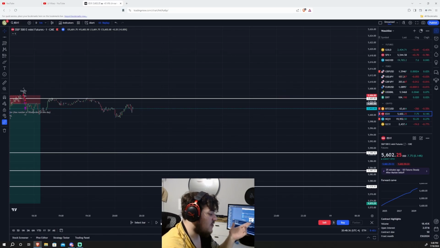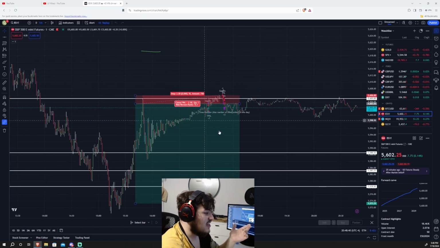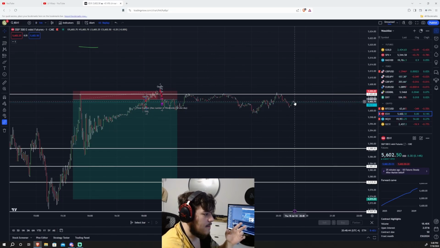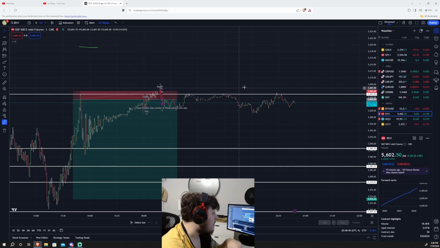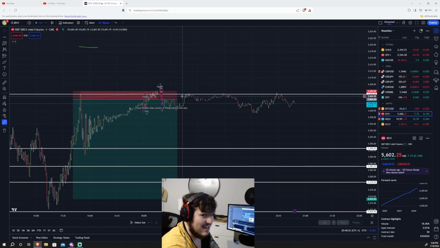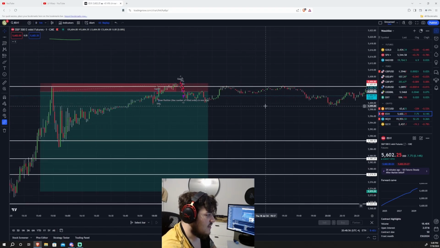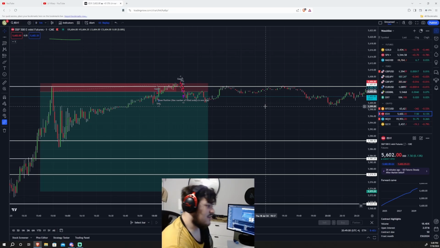And then what happens after consolidation? Expansion, right? If expansion happens after consolidation, then that means we're consolidating right now to build up orders to go where? Depending on where quantitative data tells us to go. You understand? And our daily bias tells us to go. This is how it works.